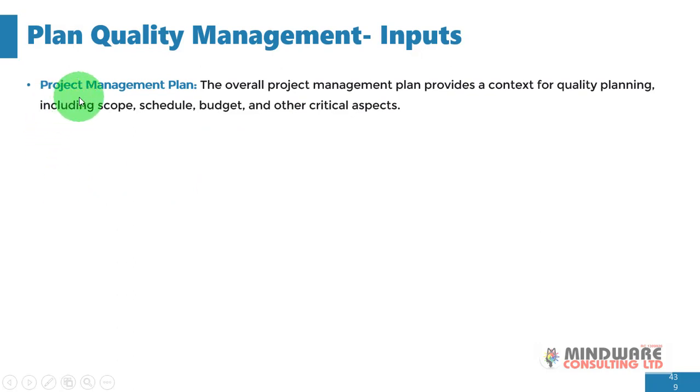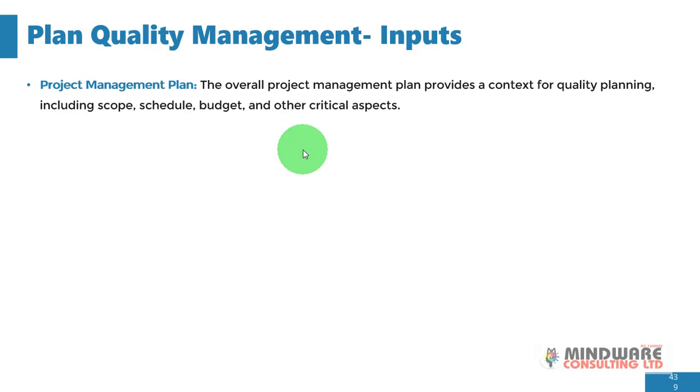The first one is the project management plan. The overall project management plan provides a context for quality planning, including scope, schedule, budget, and other critical aspects. For you to be able to plan the quality of your project effectively, you need to have the overall project management plan itself.